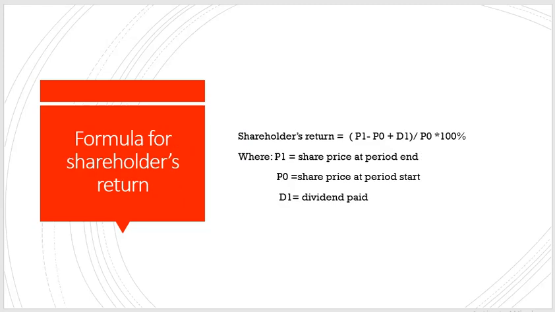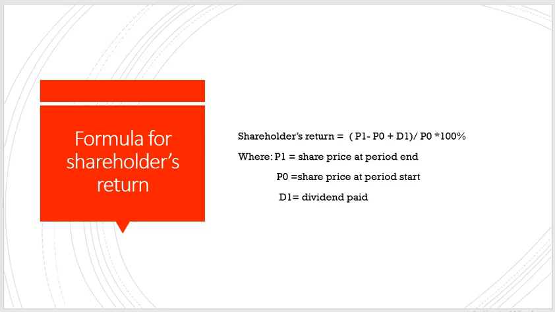Okay. So how do you calculate shareholders' wealth or shareholders' return? The shareholders' return is calculated as (P1 minus P0 plus D1) over P0, times 100. In financial management, very few formulas are given. Majority we have to memorize.